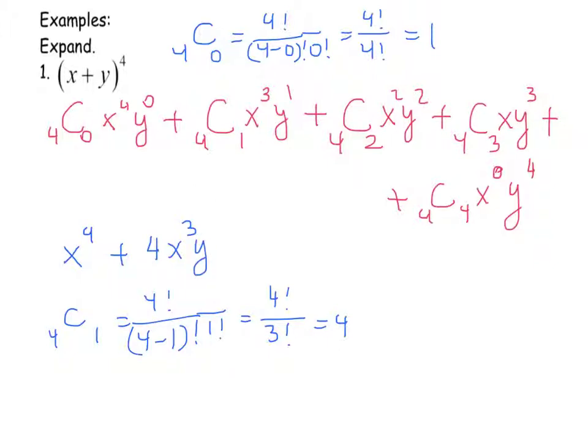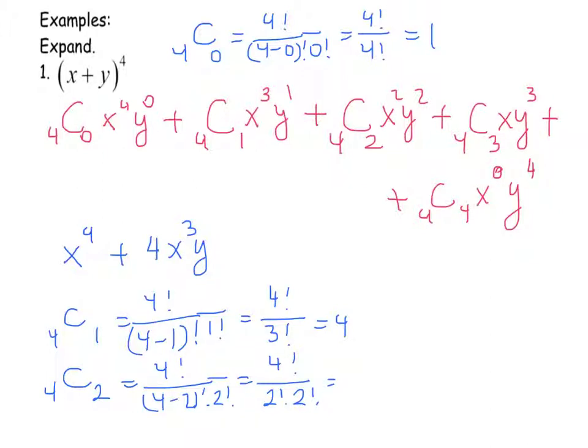The next term is going to be combination 4 choose 2. So it's 4 factorial over 4 minus 2 factorial times 2 factorial. 4 factorial over 2 factorial times 2 factorial. 4 times 3 times 2 times 1 over 1 times 2 times 1 times 2.